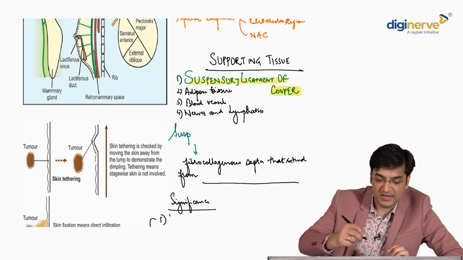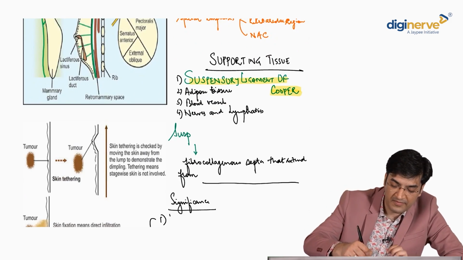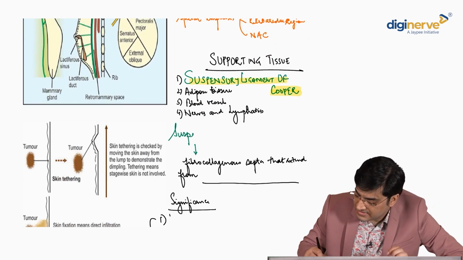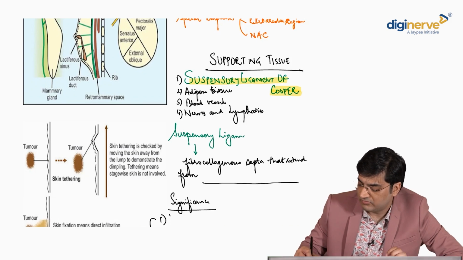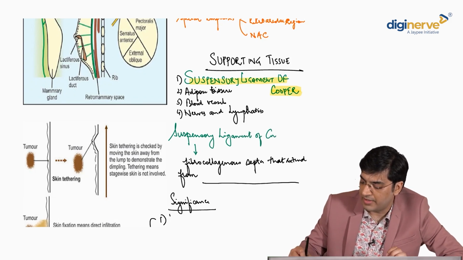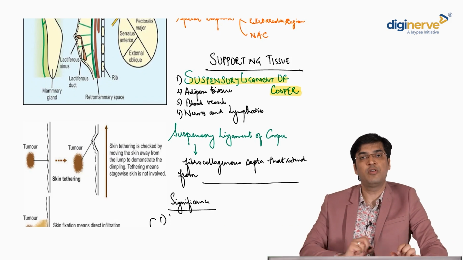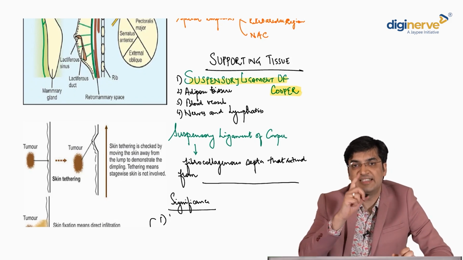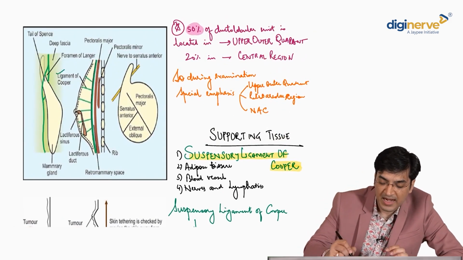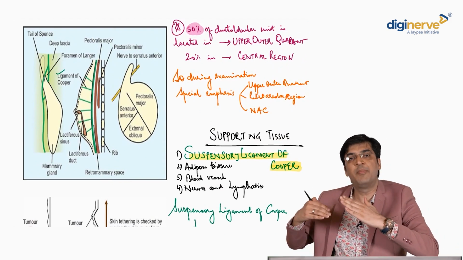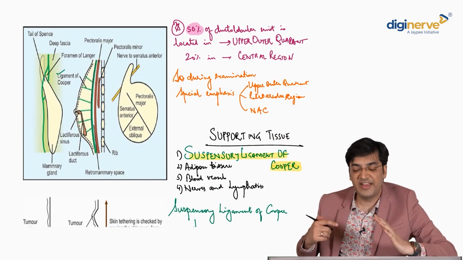Now, suspensory ligament of Cooper, what is it? First of all, we need to know that the suspensory ligament of Cooper is a fibrocollagenous septa which extends from, see, where is it extending from? Look at this image. It is extending from the skin or the dermis portion right up till the pectoral fascia.